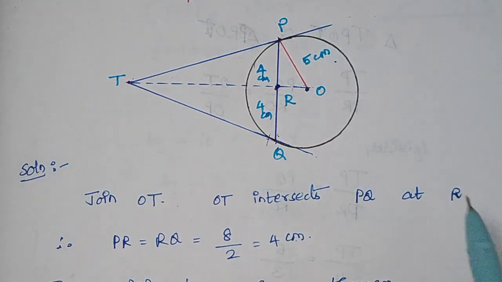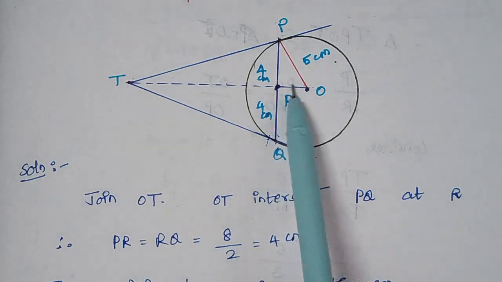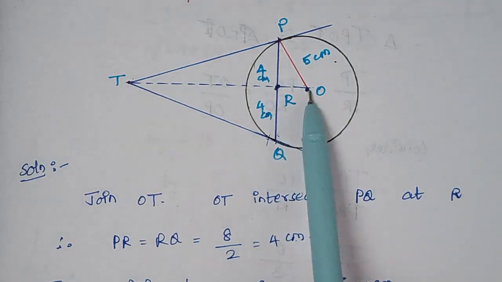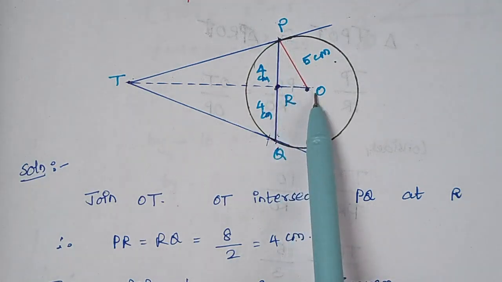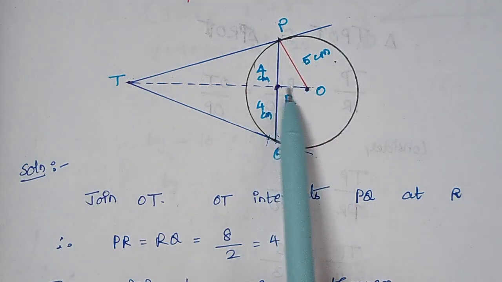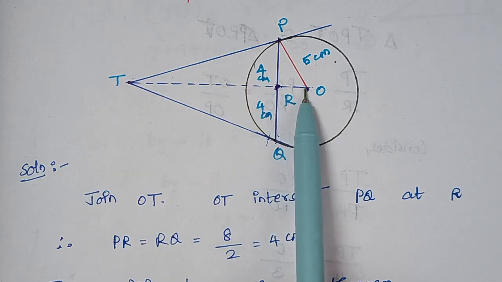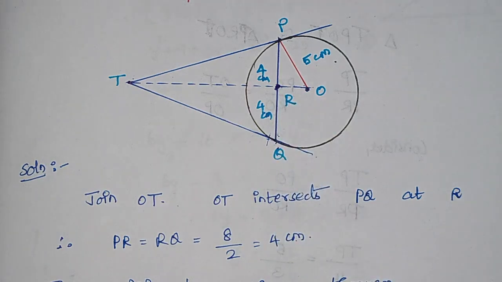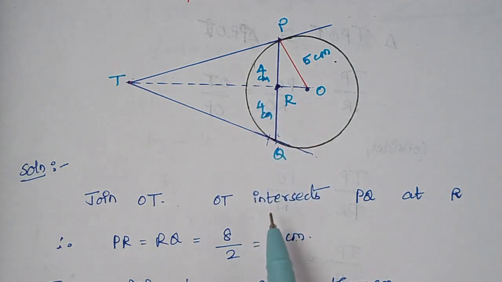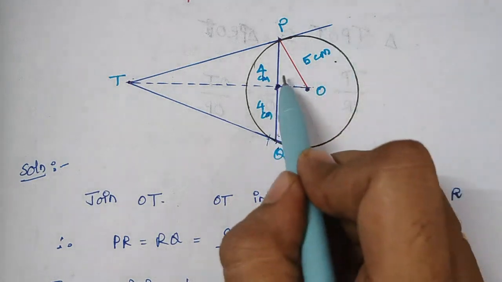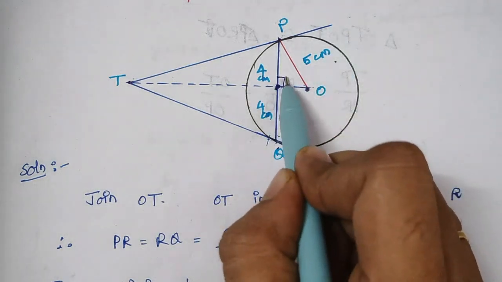Now look at this triangle POR. We know the value of this side, we know the value of this side, so we are going to find the value of this OR. So what is the rule? How can we use that? When you look at this diagram carefully, this angle is 90 degrees.